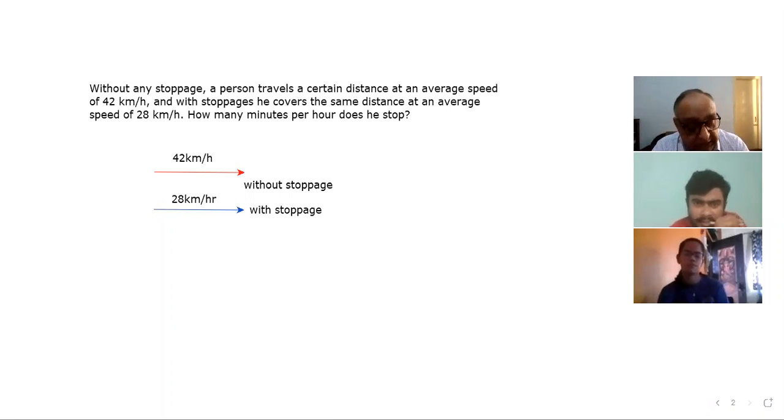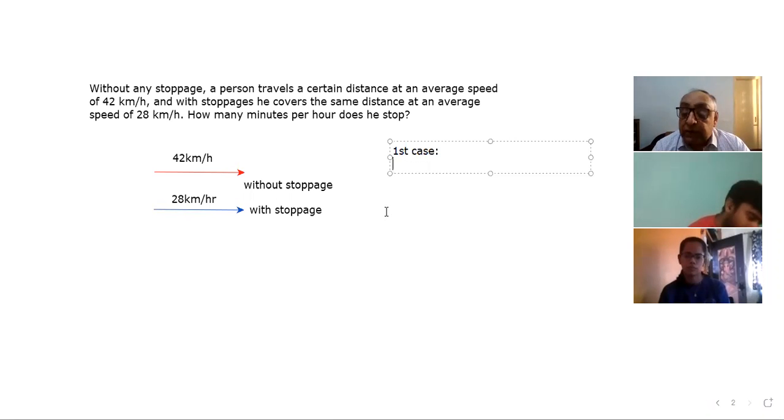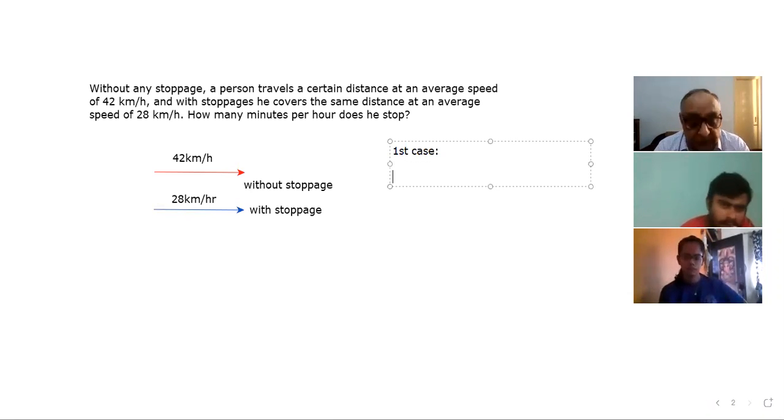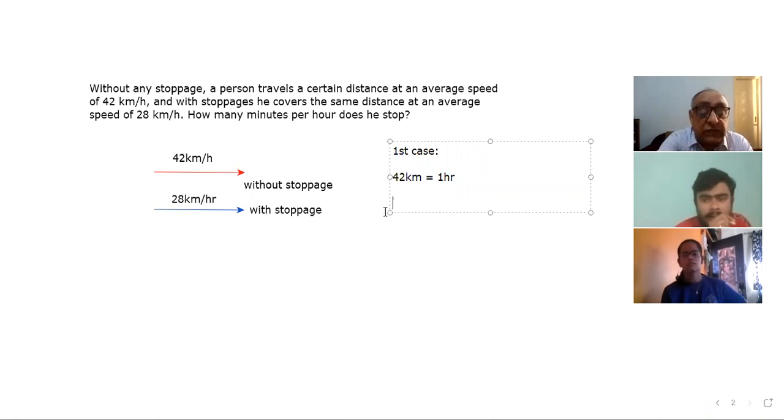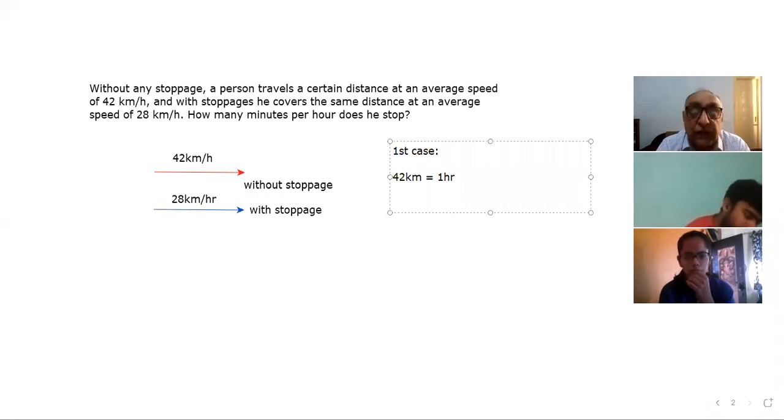In the first case, a person moves 42 kilometer without stoppage, 42 kilometer in how much time? In 1 hour's time. Is it clear? And the second one is moving 28 kilometer in the same time. So it means the first one will take the time to move 28 kilometer.